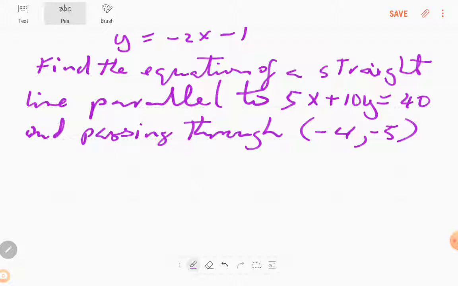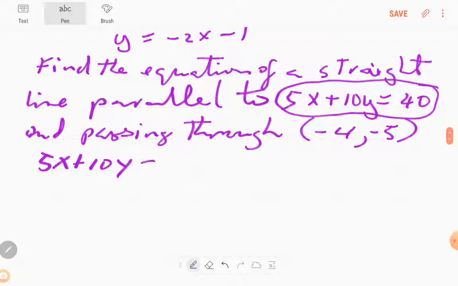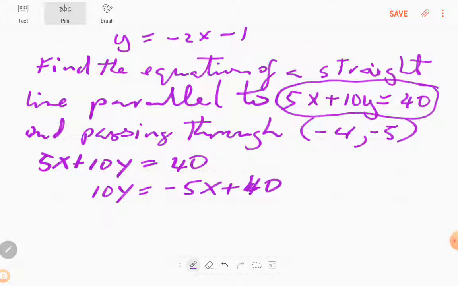So here we'll take this equation and solve for y. So 5x plus 10y equal to 40. Subtract 5x from both sides. So we have 10y equal to minus 5x plus 40. And here we divide each term by 10.